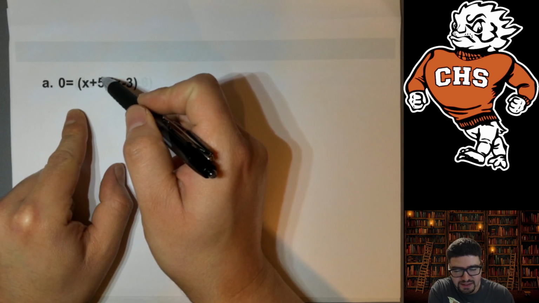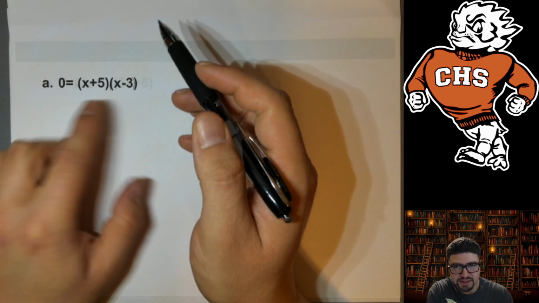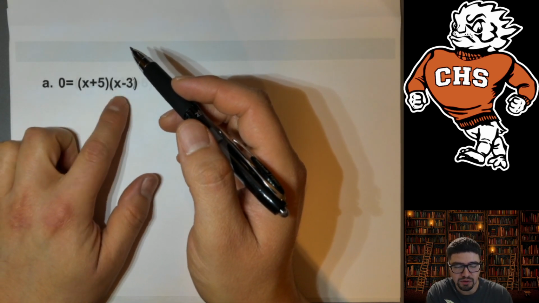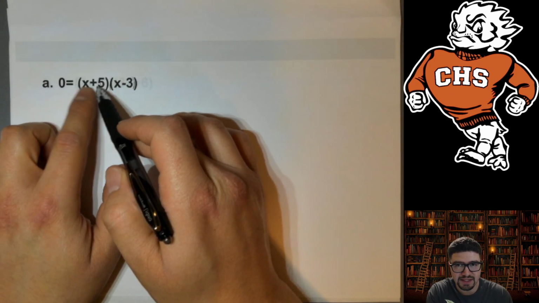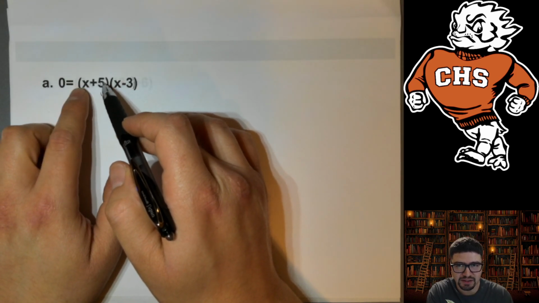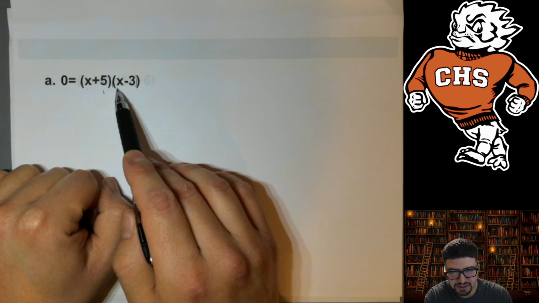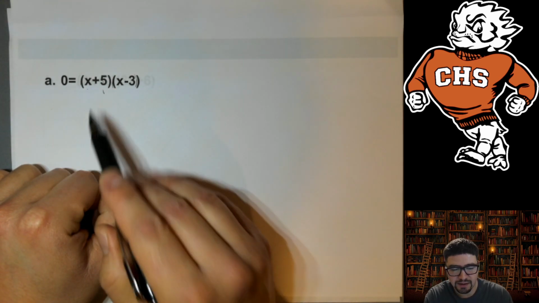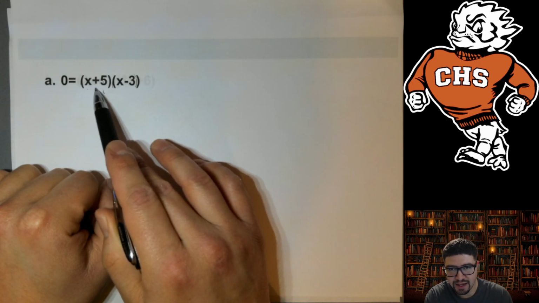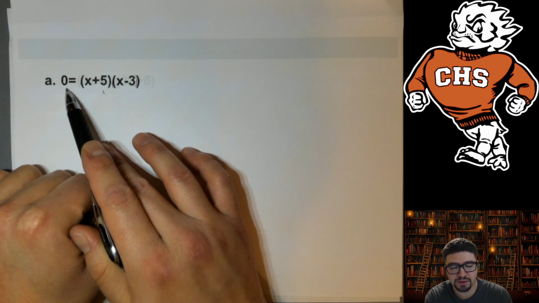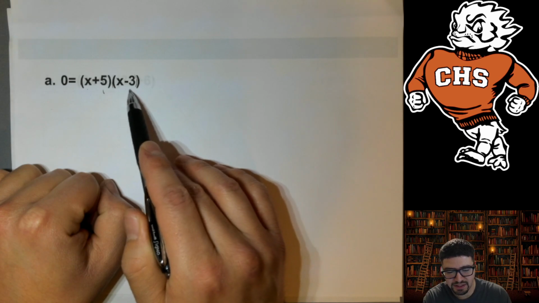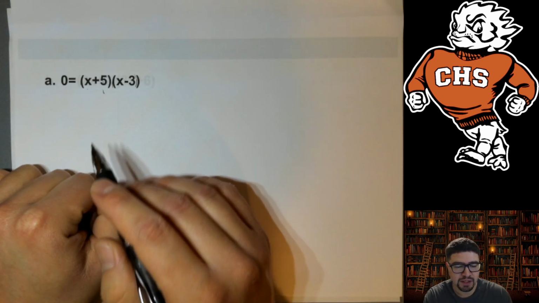Because they're in parentheses like this, they are considered one number. So both of these things in the parentheses is basically just one number. So two numbers multiplied together, they equal 0. That means either this x plus 5 is 0 or this x minus 3 is 0.